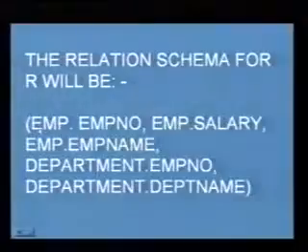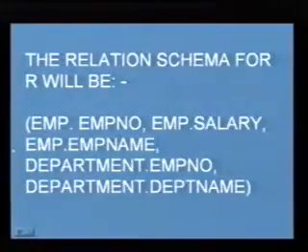The relational schema for R will be EMP dot EMP_NO, EMP dot salary, EMP dot EMP name, department dot EMP_NO and department dot department name. The dot operator is used to distinguish between the employee number of EMP and department relations. This is because we have employee number as a common attribute in both the relations EMP as well as department.